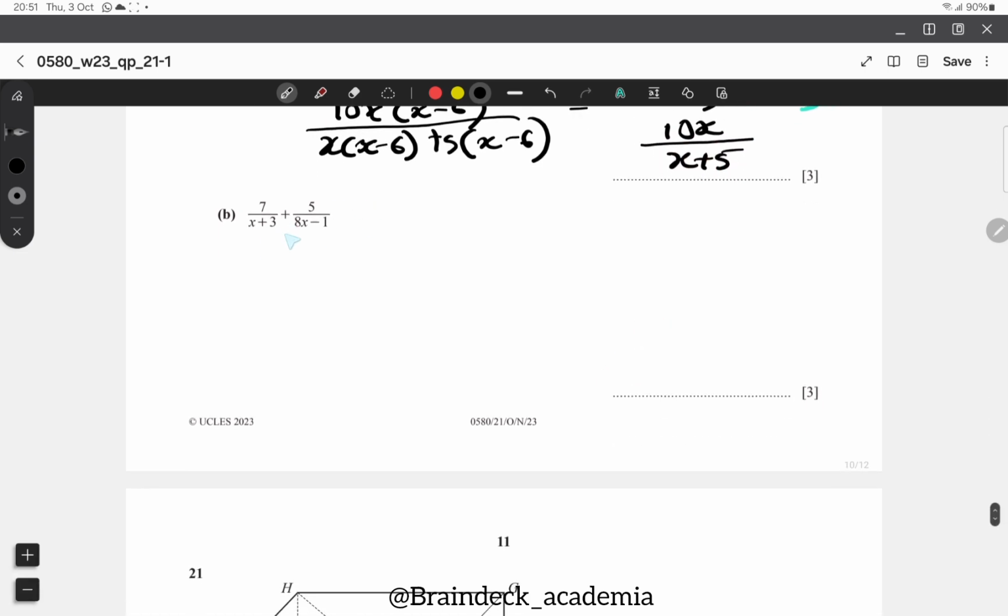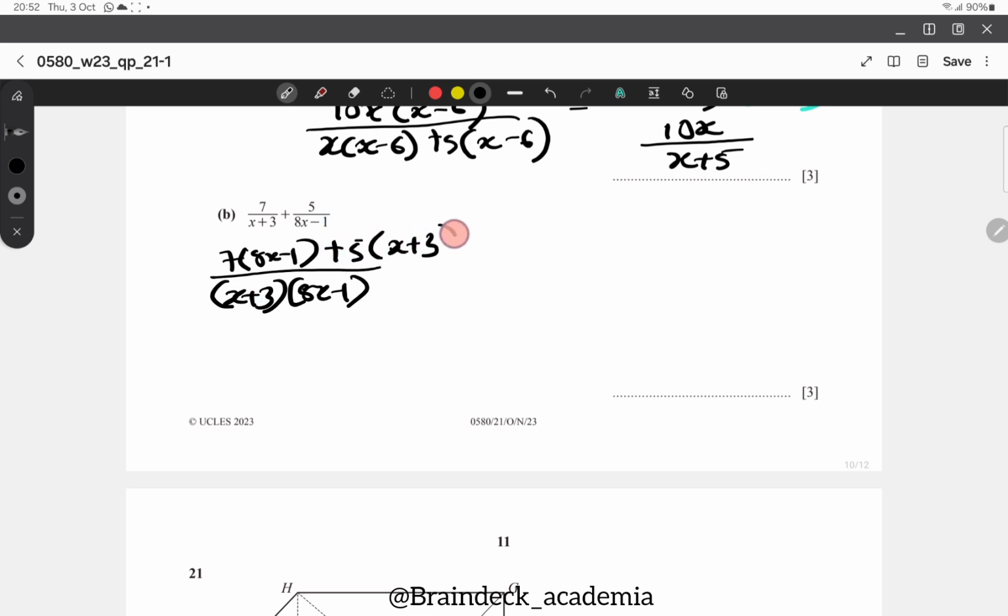Then for this one, to solve this, I'll take the LCM of the denominators: x plus 3 multiplied by 8x minus 1. This divided by one of these, I'm left with 7 bracket 8x minus 1. This divided by this will cancel, and I'm left with plus 5 over x plus 3.